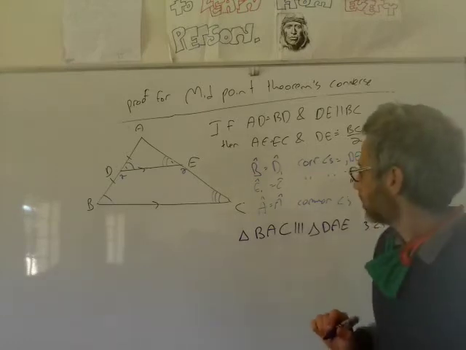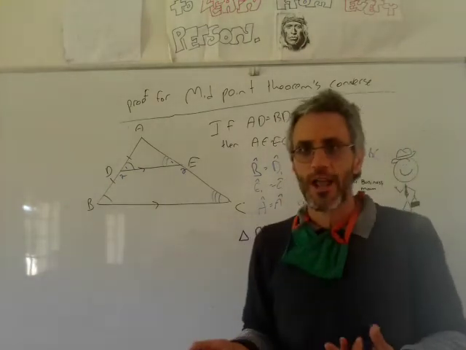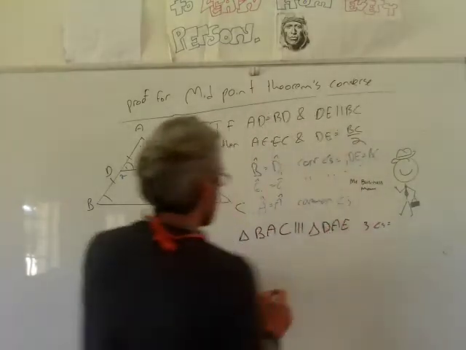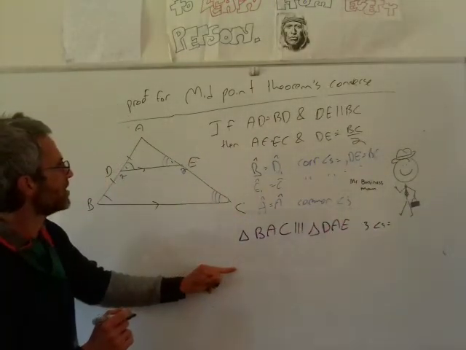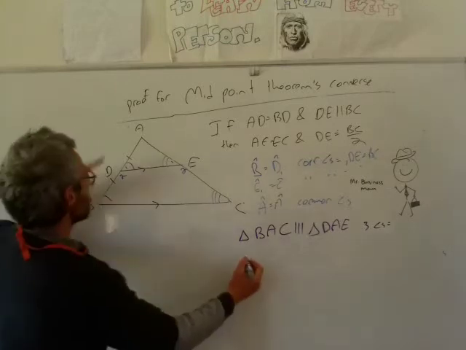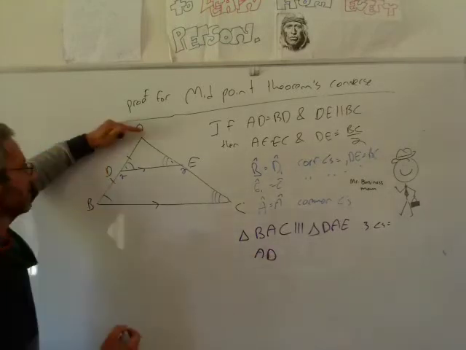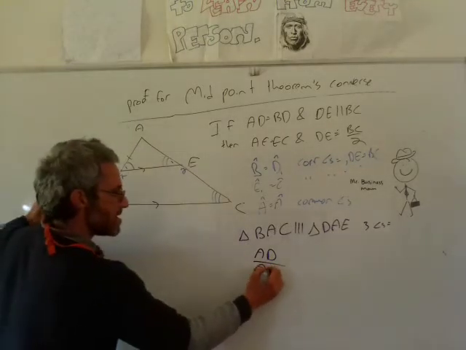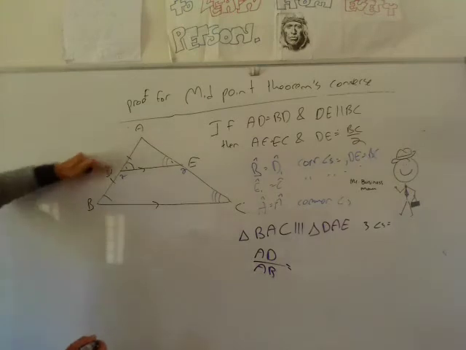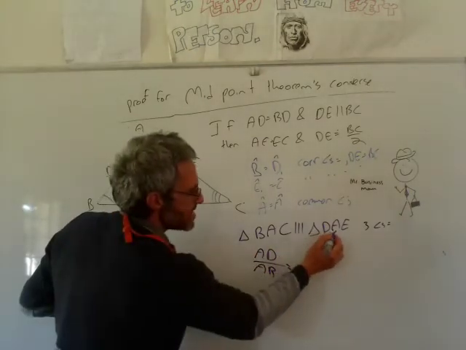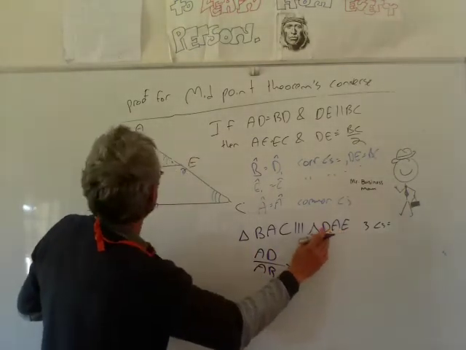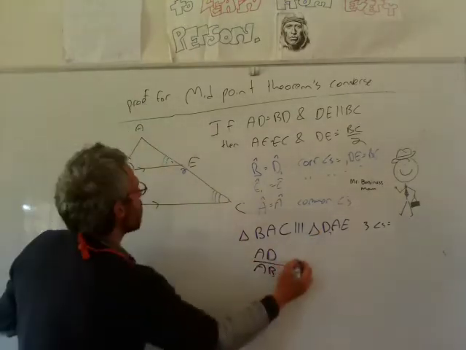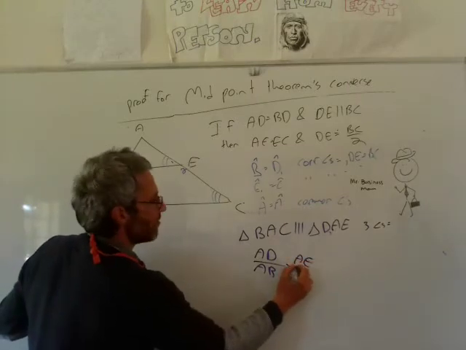Now, if I know that these triangles are similar, like Sina said, then the ratio must be the same. So one of the things I can say is that side AD divided by AB will be equal to AE over AC.